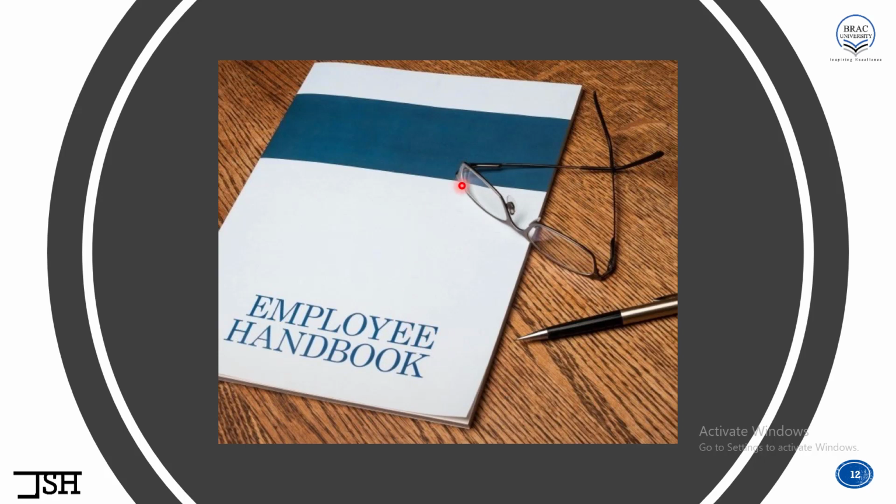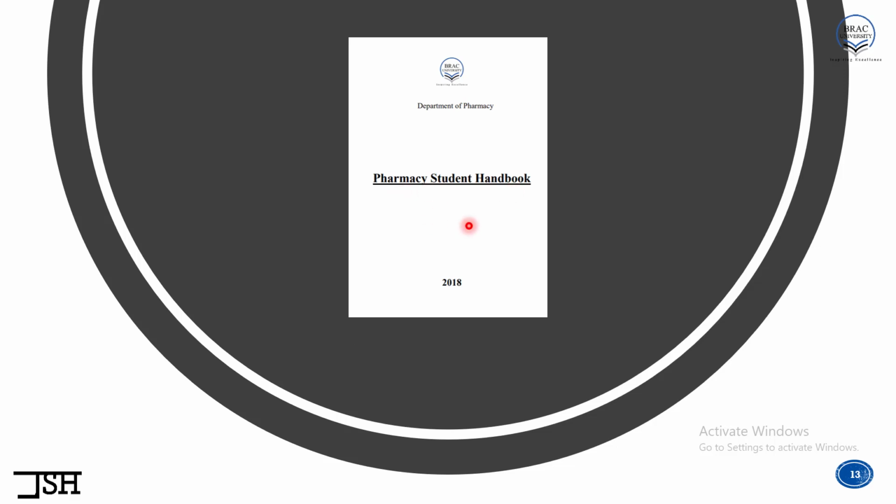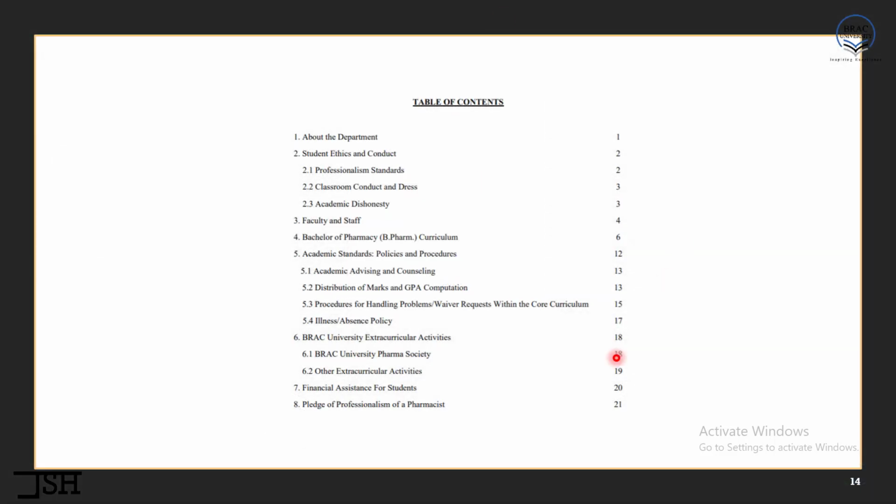Now, just to give you an even clearer concept about an employee handbook, I was trying to find out whether as a student, when we joined the orientation program, is there any student handbook for you guys? So I searched over the internet and I found this handbook, Pharmacy Student Handbook. So this is for the pharmacy department, right? Just to give you a brief snapshot here, what is there in the student handbook?